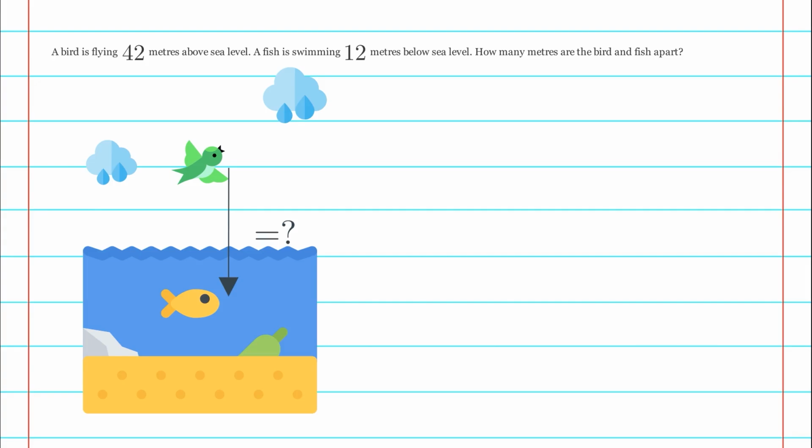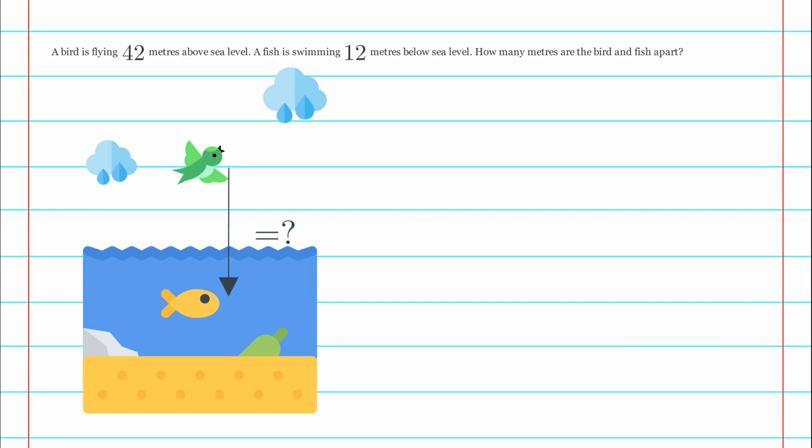The problem says that a bird is flying 42 meters above the sea level and a fish is swimming 12 meters below the sea level. Normally, sea level is considered the reference point for measuring heights and depths. So any height above sea level is considered positive because it is in the upward direction from the reference point. Similarly, any depth below the sea level is considered negative because it is in the downward direction from the reference point.